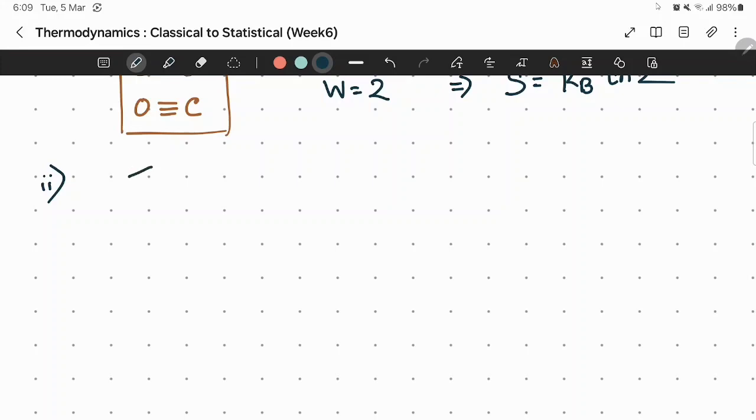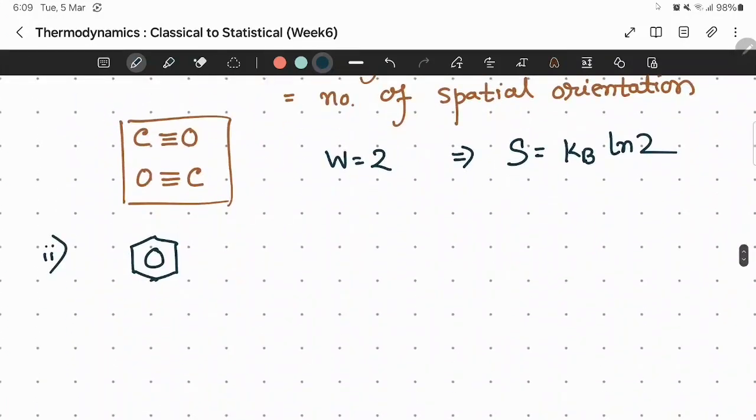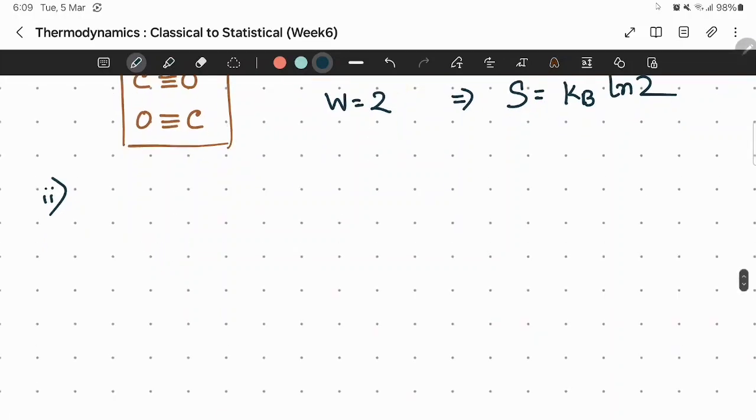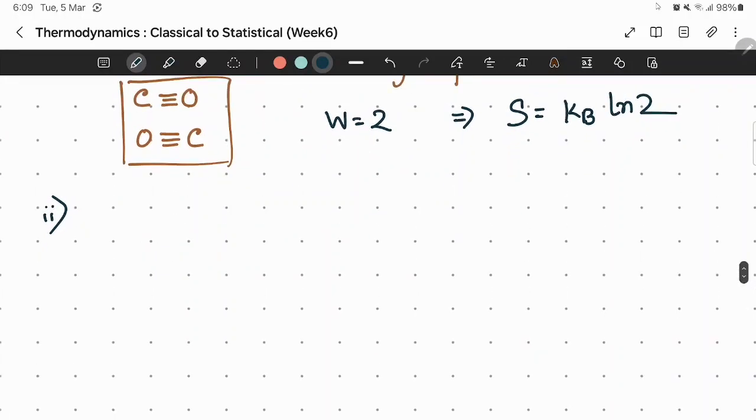Next is benzene. We know benzene is like this. If you find the number of orientations, is any other orientation possible for benzene? It's not, right? Before benzene, let us discuss O2, just like CO. For O2 also, there is only one orientation. If you reverse it or flip it, that will not create a new orientation; it will be the same.